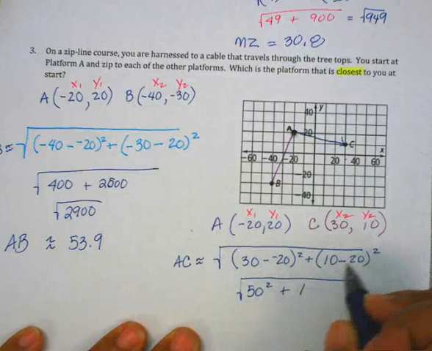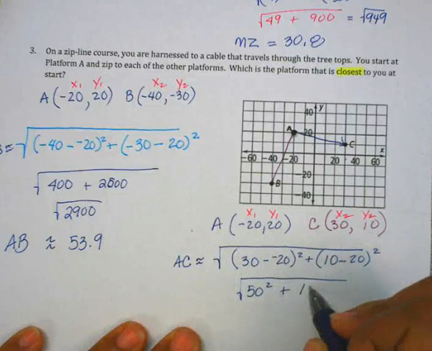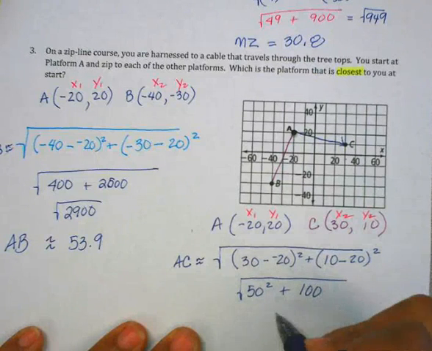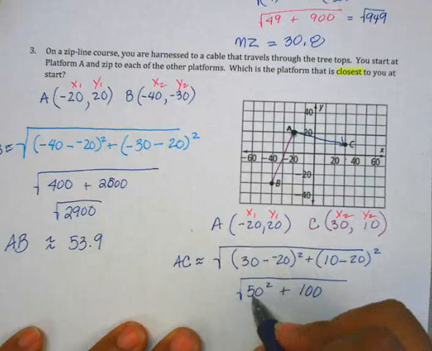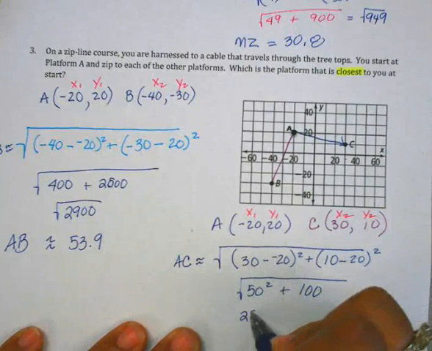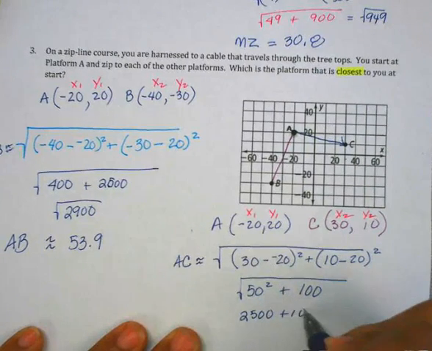No, it is a -10 squared, which is 100. So 50 squared is 2,500 plus 100.